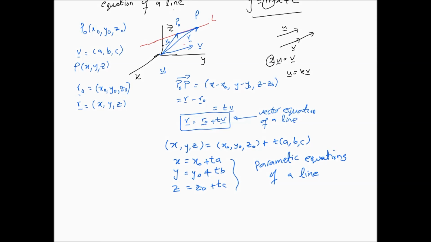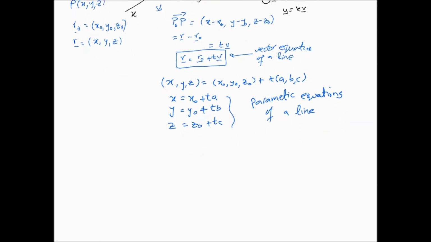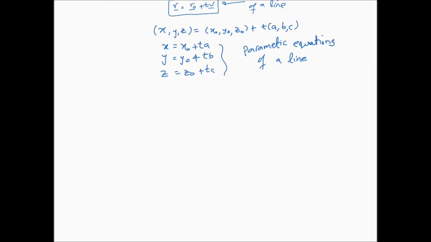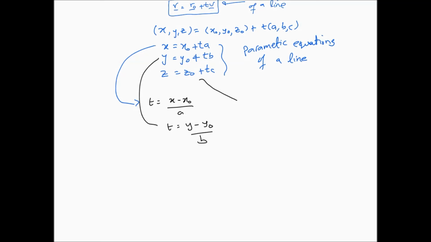I want to show you just one more thing, very quickly. From this representation, I can rewrite the first equation as t equals x minus x0 over a, from the second that t is equal to y minus y0 over b, and from the third that t is equal to z minus z0 over c.